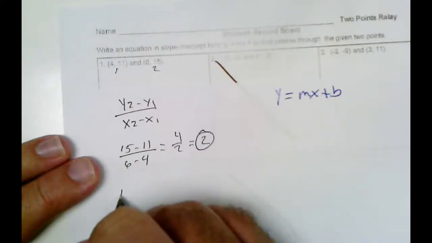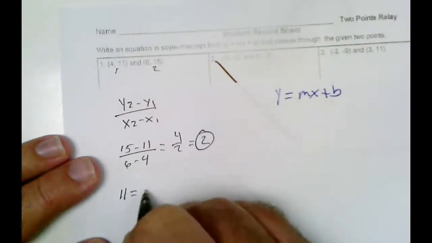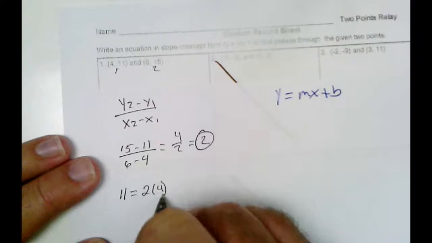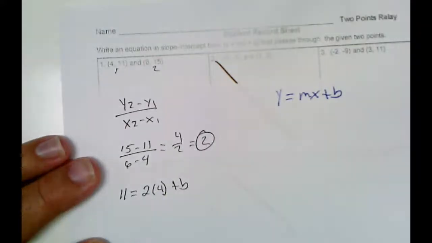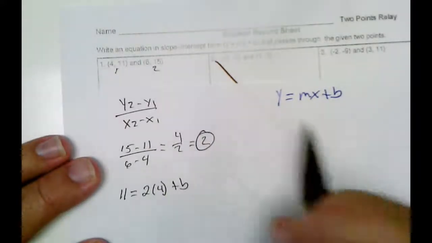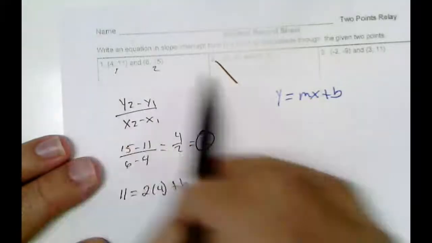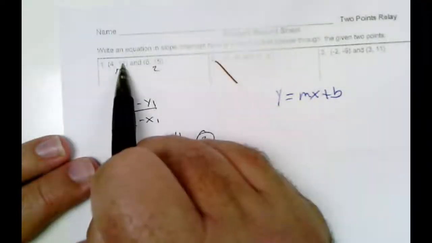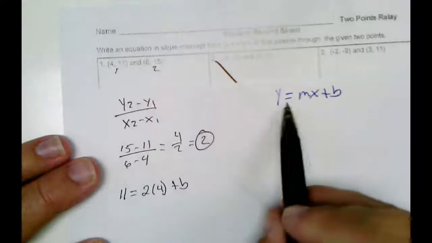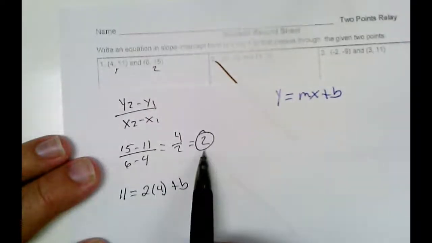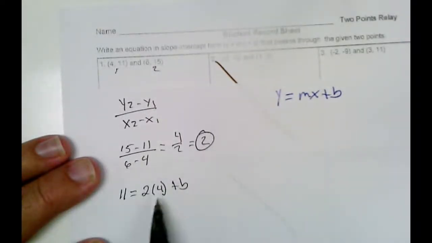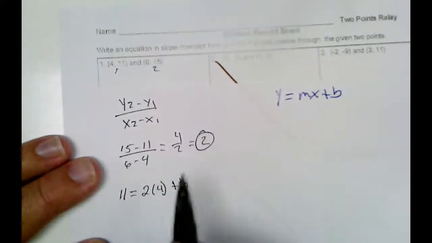So y, which is 11, is equal to 2 times 4 plus b. All I did here was take this point, the y value is 11, is equal to m, which we just calculated to be 2, times the x, which is 4.